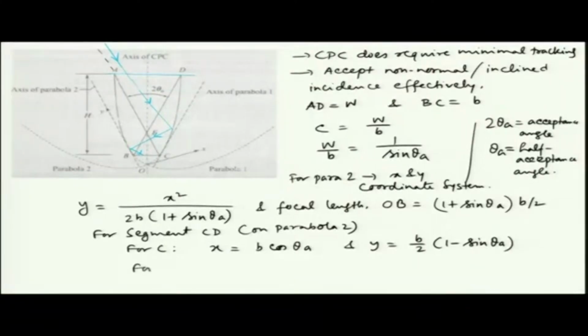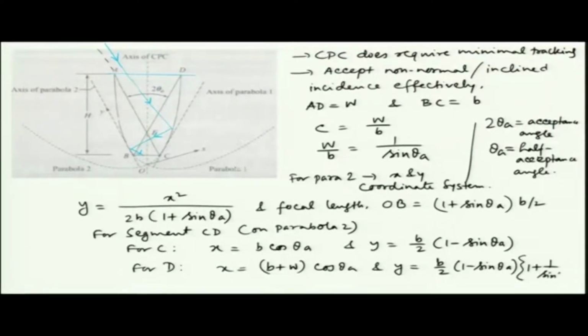And for point D, the x coordinate is b plus w cos theta A and y coordinate is b by 2 1 minus sin theta A multiplied by 1 plus 1 over sin theta A squared.